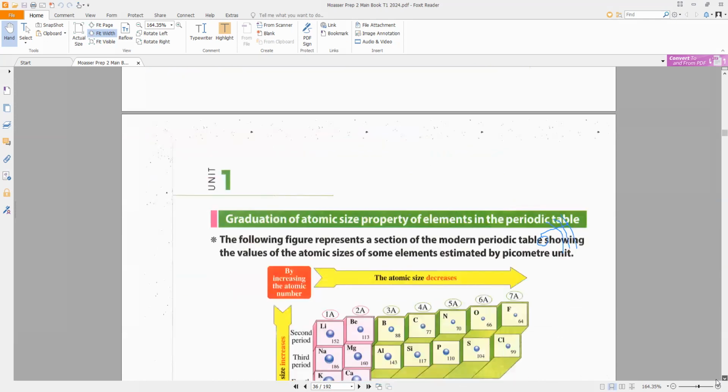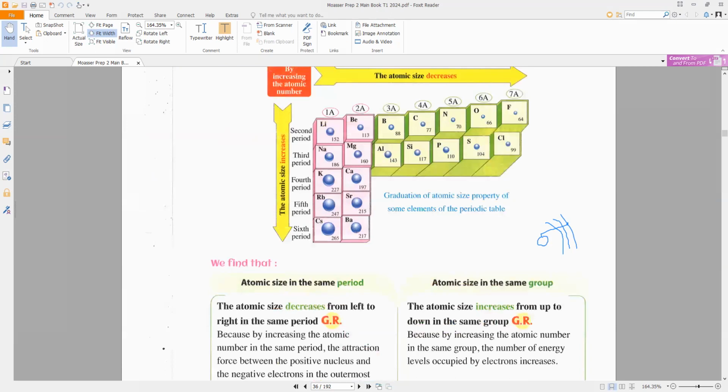What happens to the atomic size in the period? This is part of the modern periodic table. As we see, the circles below show the size of the elements.